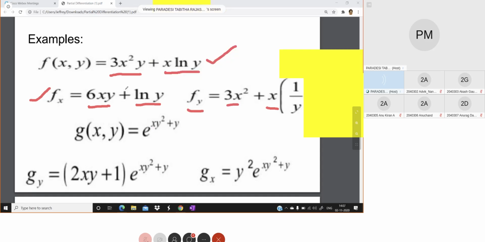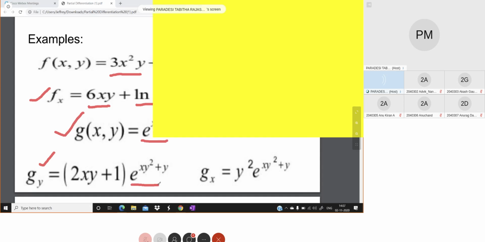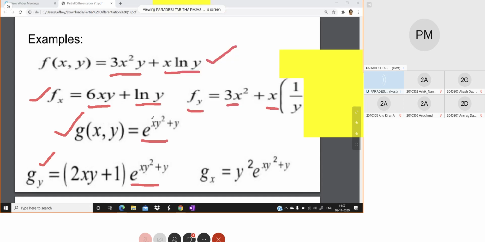Second, we took a little more complicated function, e power xy square plus y. This is an exponential function of two variables. When you're differentiating with respect to y, the derivative of an exponential function is the exponential function itself, times the derivative of xy square plus y.